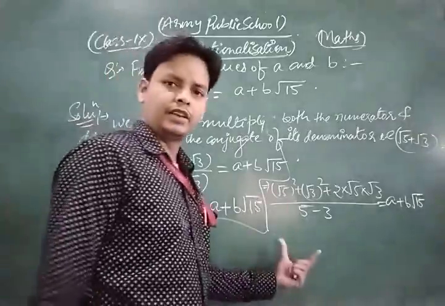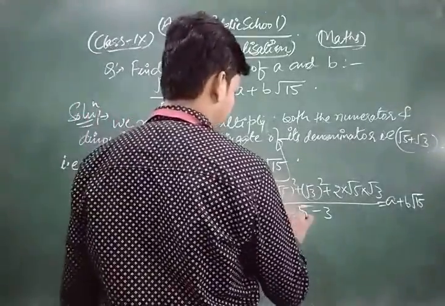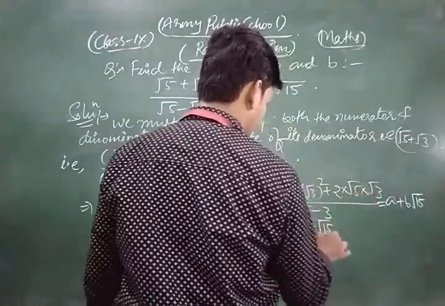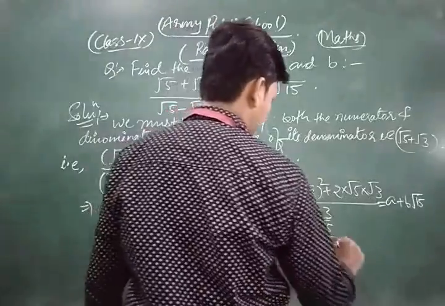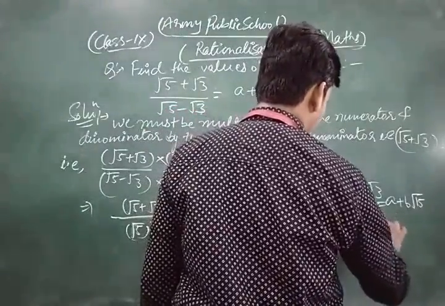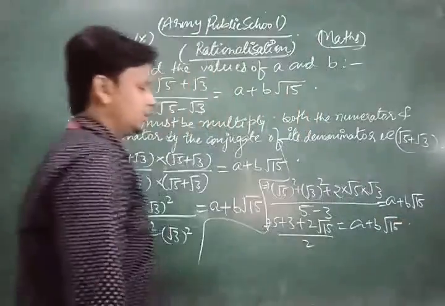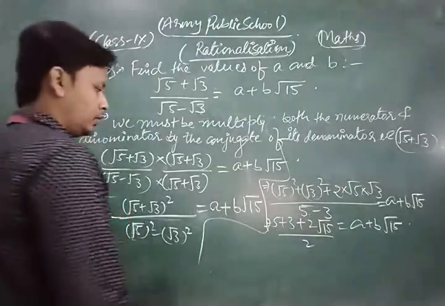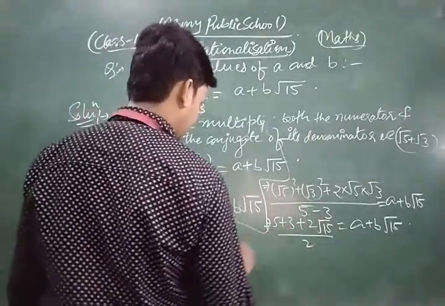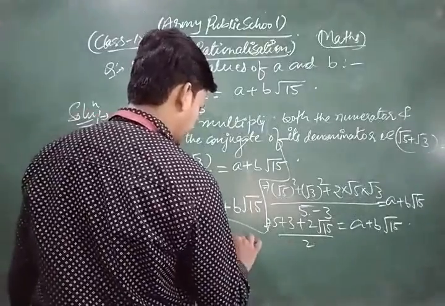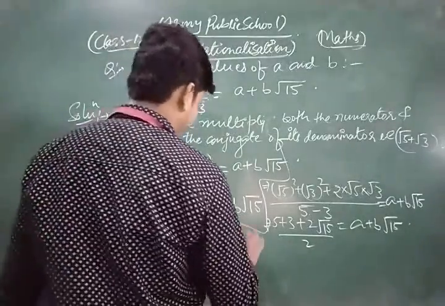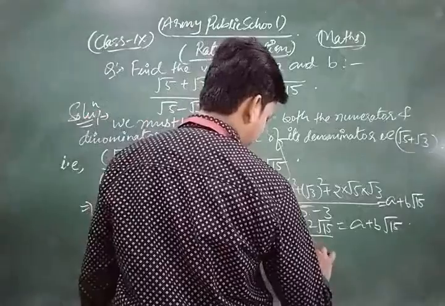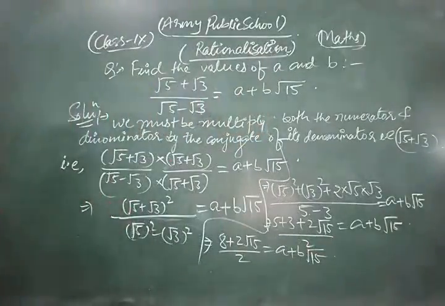Now we simplify them. The numerator is 5 plus 3 plus 2 under root 15, and the denominator is 5 minus 3, that is 2. This is equal to a plus b under root 15. Now 5 plus 3 is 8, so we have 8 plus 2 under root 15 upon 2. We separate the terms: 8 upon 2 plus 2 under root 15 upon 2 is equal to a plus b under root 15.